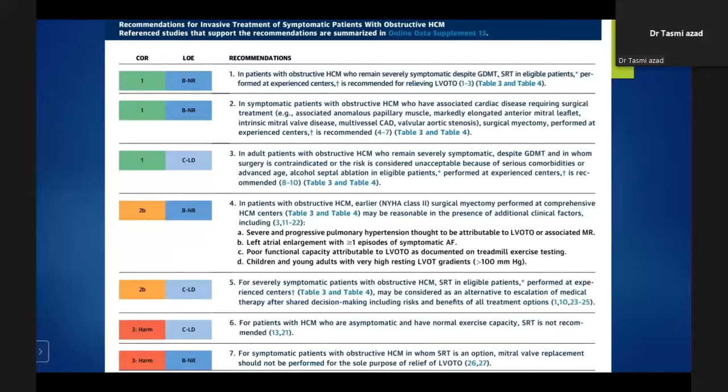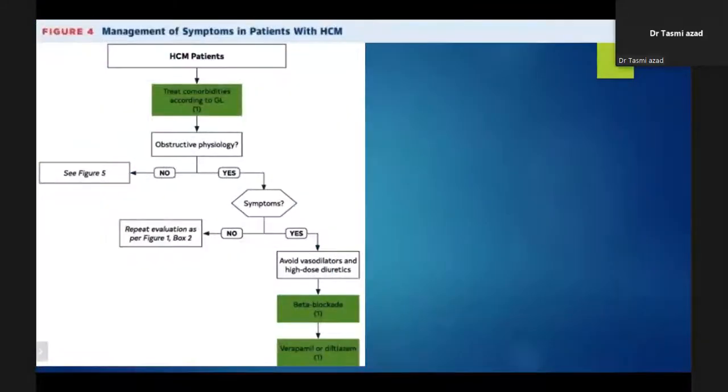There are two procedures, septal myectomy and septal ablation, where they give class 1 indication, and they say elaborately in the slide where we should choose septal myectomy and where we should choose septal ablation. So in case of management of symptoms, if we go through this flow chart, in an HCM patient, we first detect, is there any comorbidity?